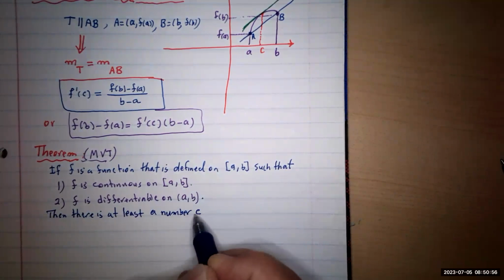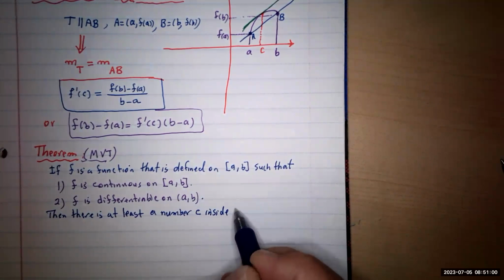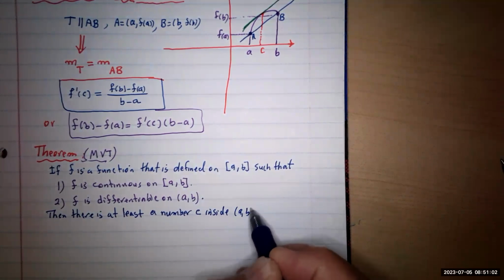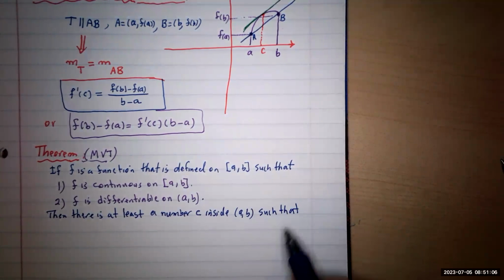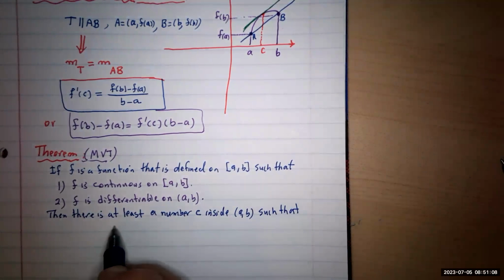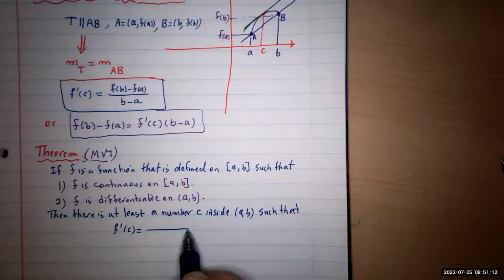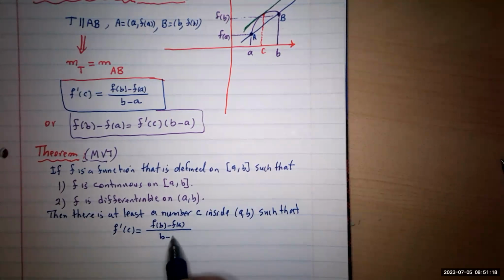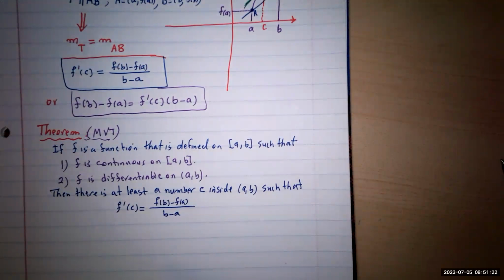A number c inside (a, b) such that you get the mean value equation: f prime of c is equal to f of b minus f of a, divided by b minus a. That's one version, and the other version is to cross multiply.